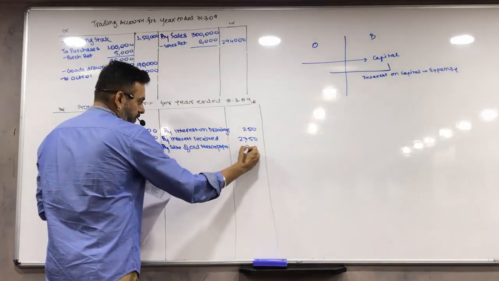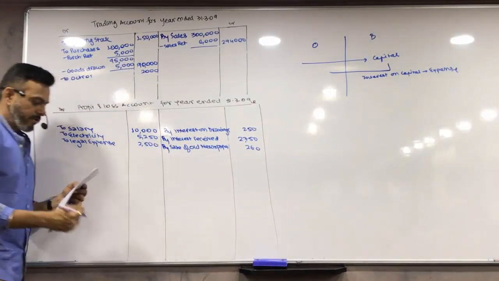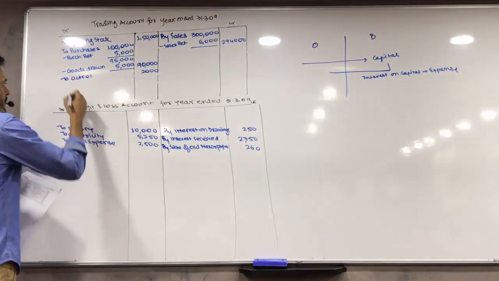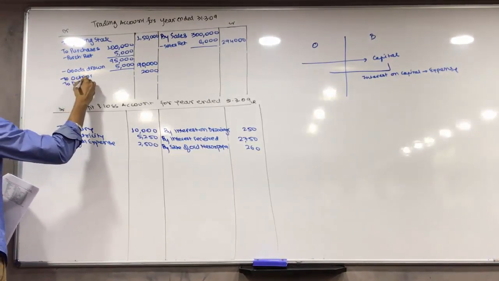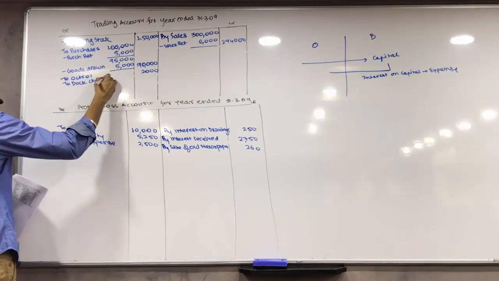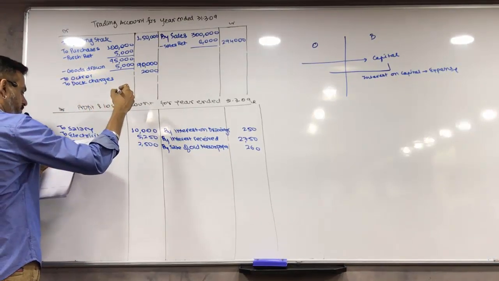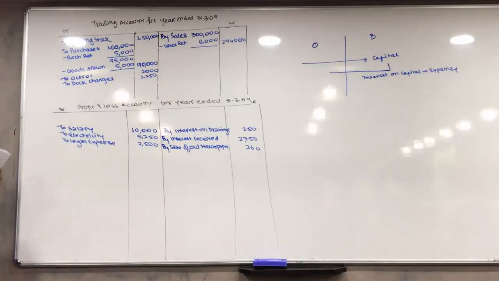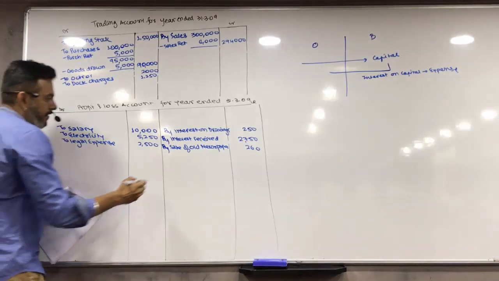There's also an interesting concept over here to make you understand when we do stationery. Dock charges, trading account debits. 1,250. Goods withdrawn we have already done. Commission received 2,500.